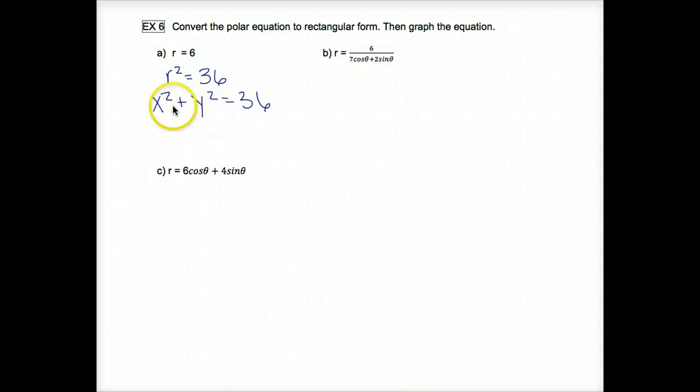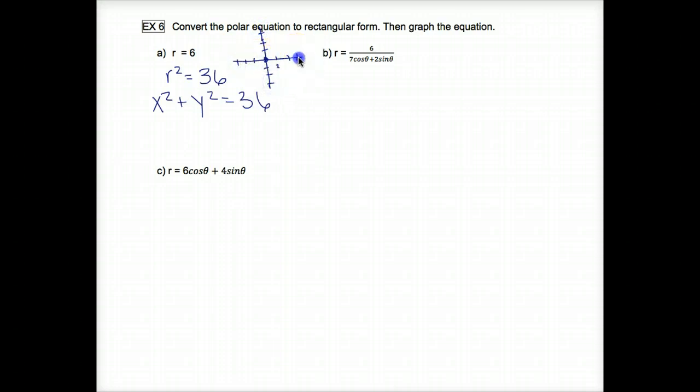So that means my center here is going to be at 0, 0. And I'm going to have a radius of 6. So if I count by 2's, let's say, center at 0, 0. And a radius of 6.